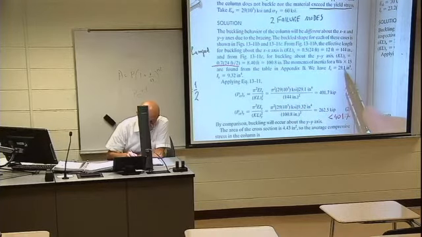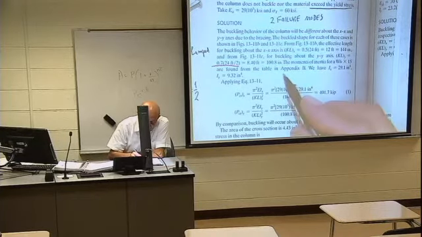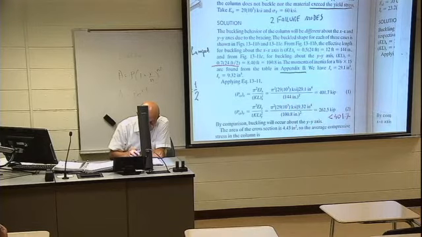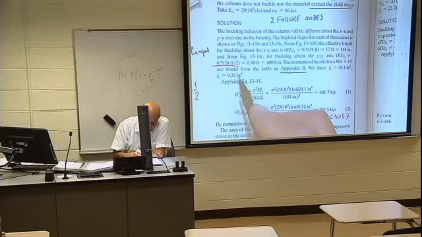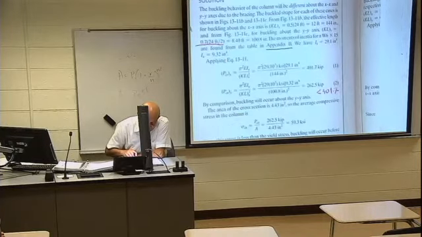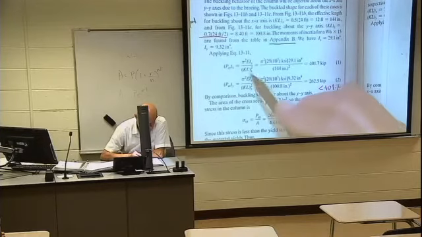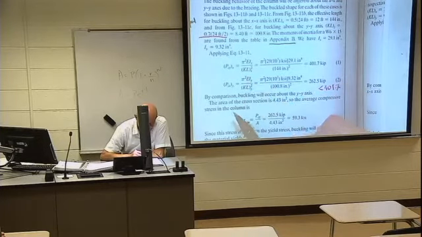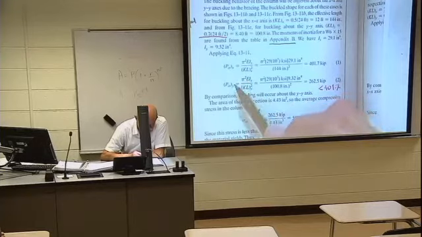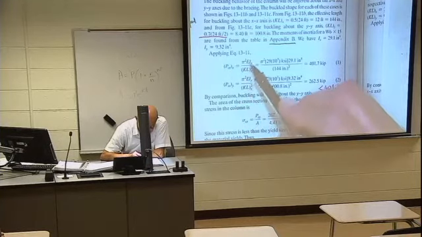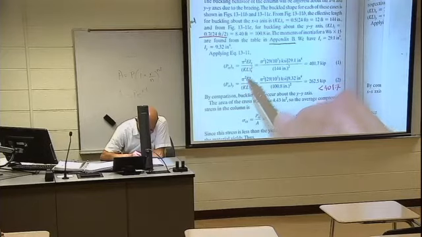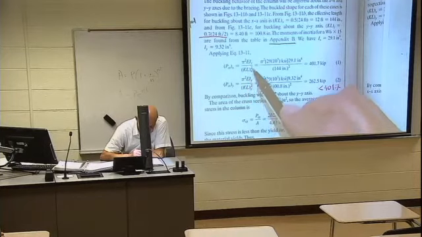The moments of inertia are found from the table in Appendix B. Okay, we have Ix equals 29.1 inch to the fourth power. Iy equals 9.32 inch to the fourth power. Now we are using the formula of buckling load. P critical with respect to the x-axis will be pi squared EIx over KLx squared.